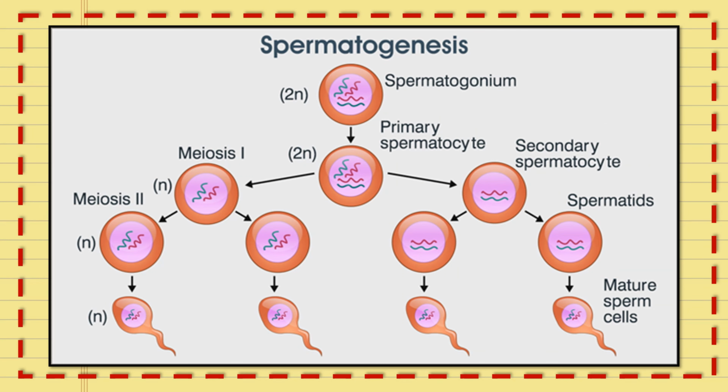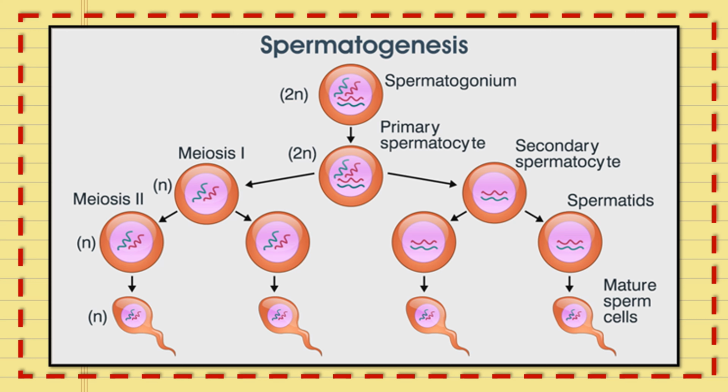Let's start first by discussing spermatogenesis. Look closely at the illustration. In spermatogenesis, the spermatogonium forms into the primary spermatocyte. The primary spermatocyte enters meiosis I to produce 2 secondary spermatocytes.